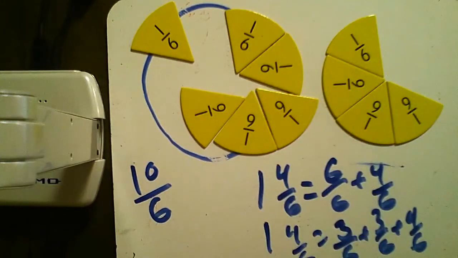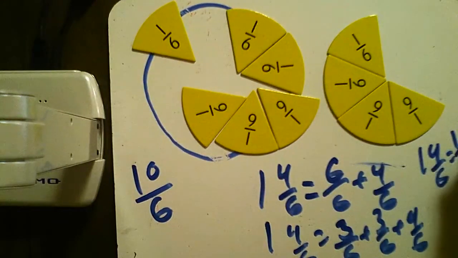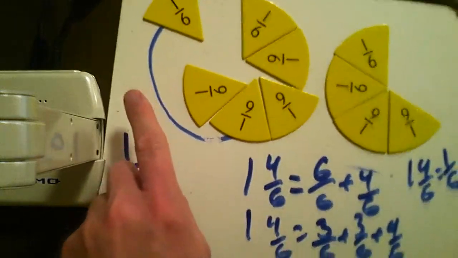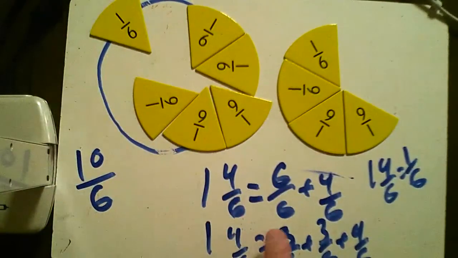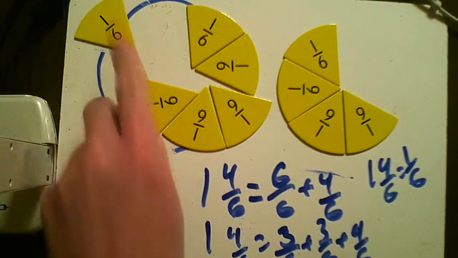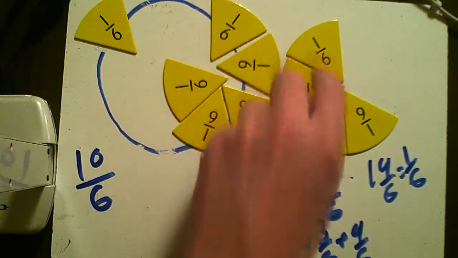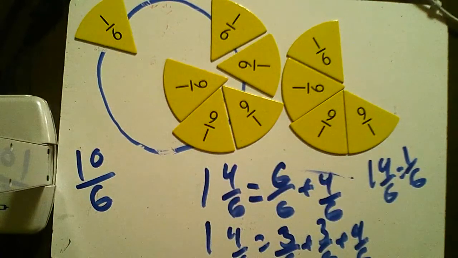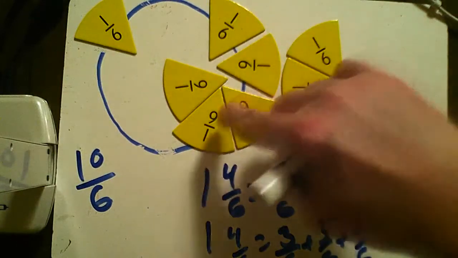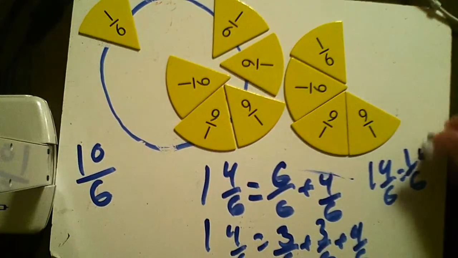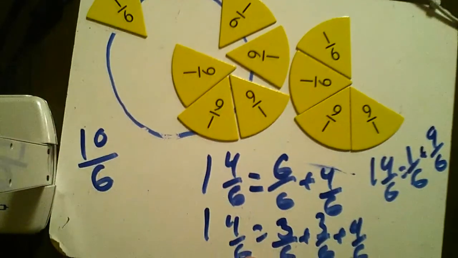So we could say 1 and 4/6 equals 1/6 right here, plus how many sixths do we have here? 1, 2, 3, 4, 5, 6, 7, 8. That ain't right. 1, 2, 3, 4, 5, 6, 7, 8, 9. 1/6 plus 9/6, right? So these are all ways that you can decompose 1 and 4/6.